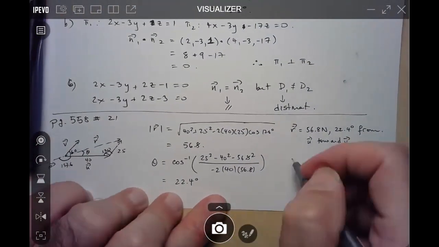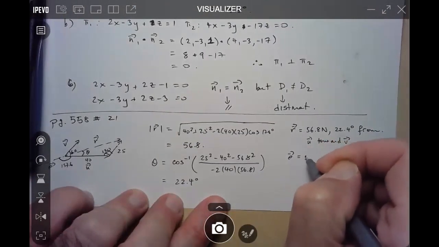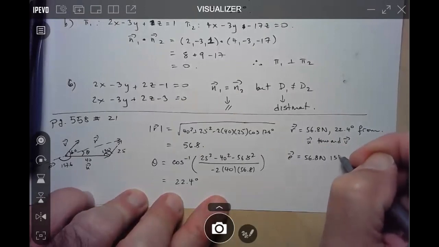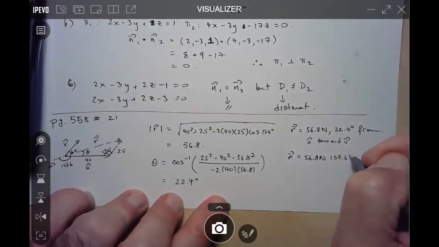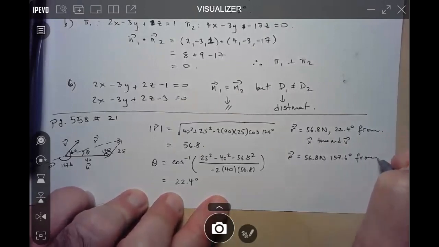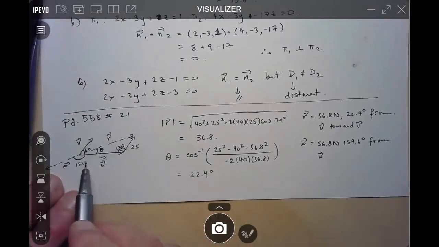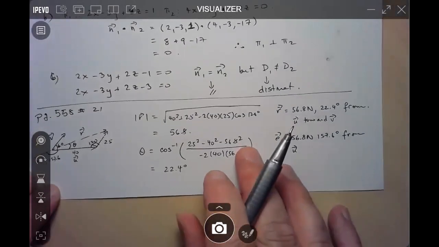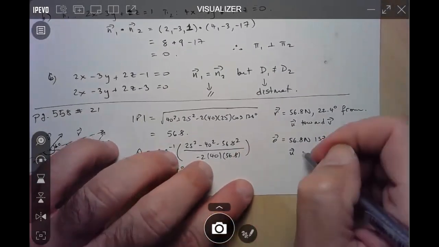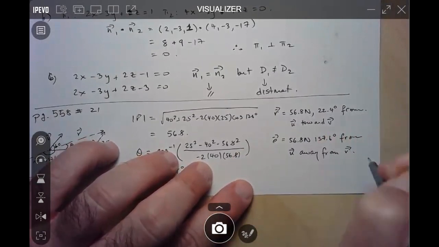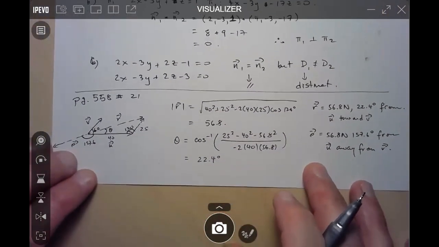Okay, so my equilibrant vector is going to be again 56.8 newtons, and it's going to be 157.6 degrees from U. And now I'm going to say I'm moving away from V. And there is my answer for both.